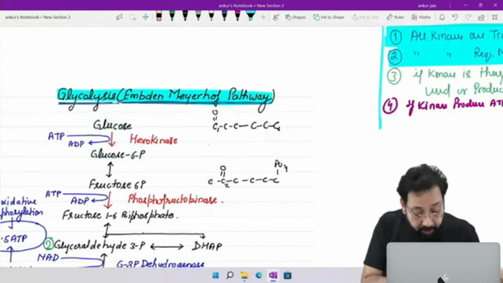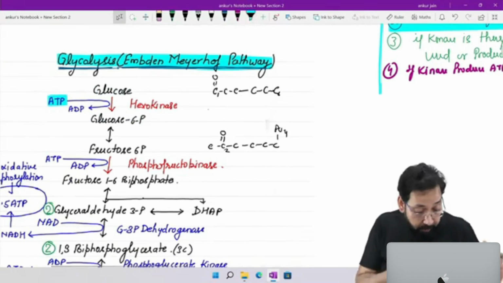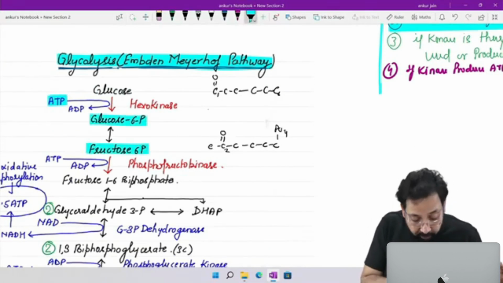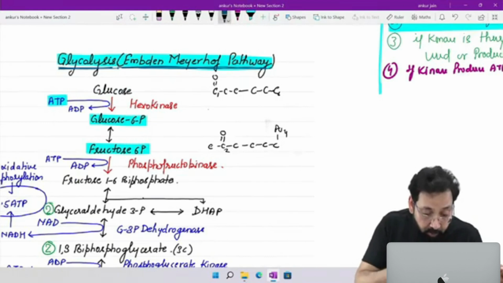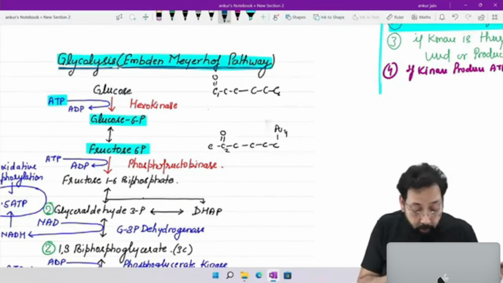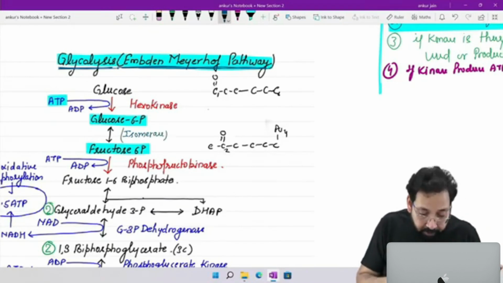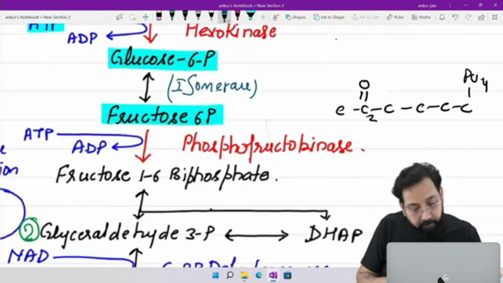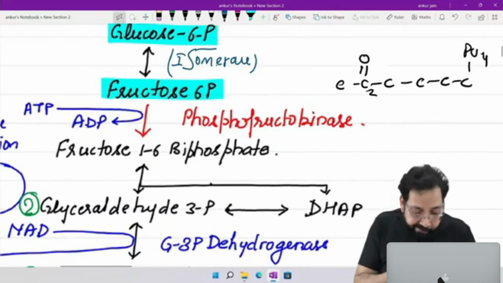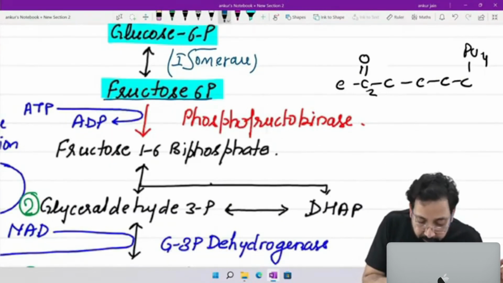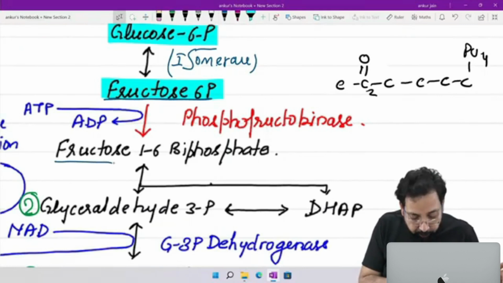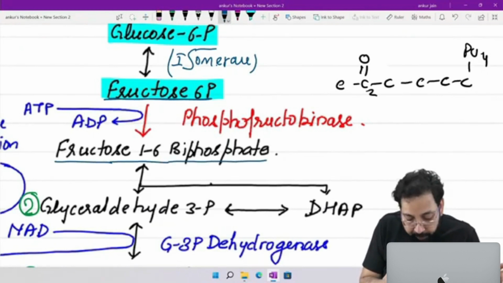Glucose 6-phosphate and fructose 6-phosphate are isomers. Glucose and fructose are functional isomers. So the enzyme is isomerase. What is the EC number of isomerase? 5. Fructose 6-phosphate is converted to fructose 1,6-bisphosphate.